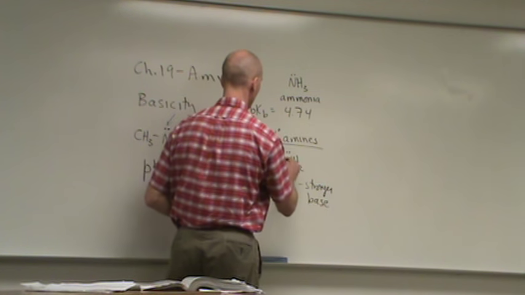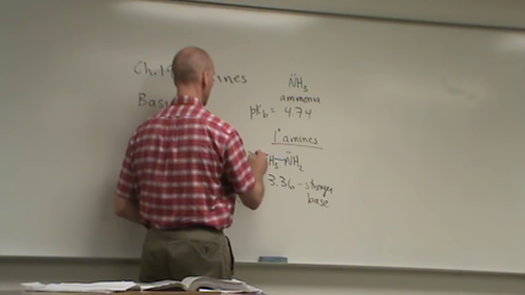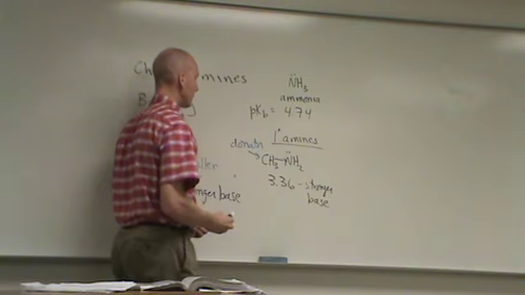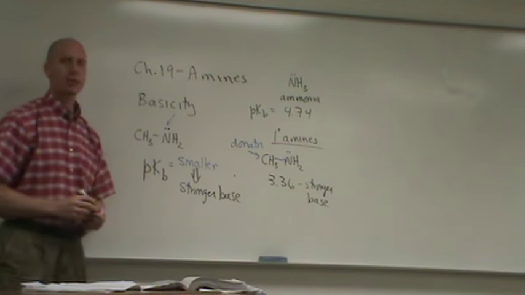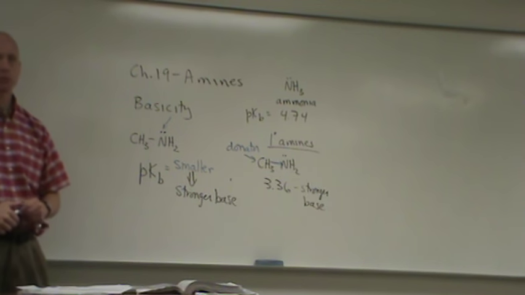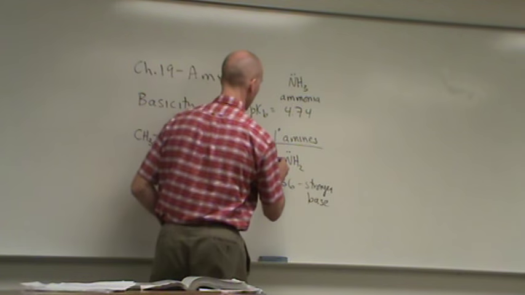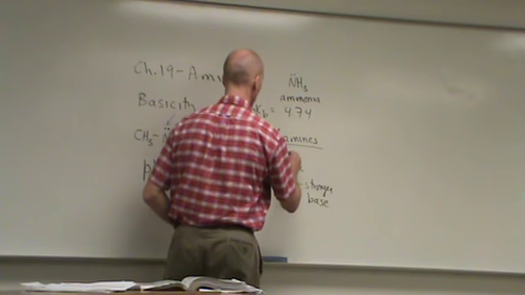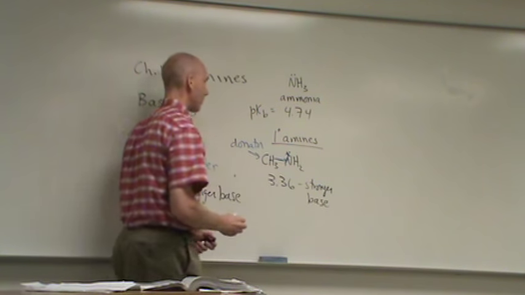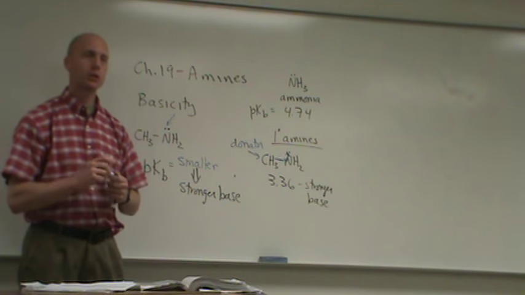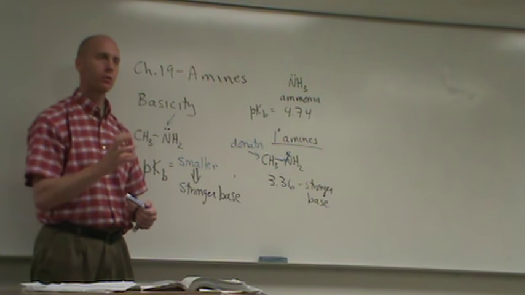So CH3 is pushing electrons toward the nitrogen. And if it's pushing it toward the nitrogen, it's pushing it all the way to the lone pair. See that? So the lone pair, what's it wanting to do?